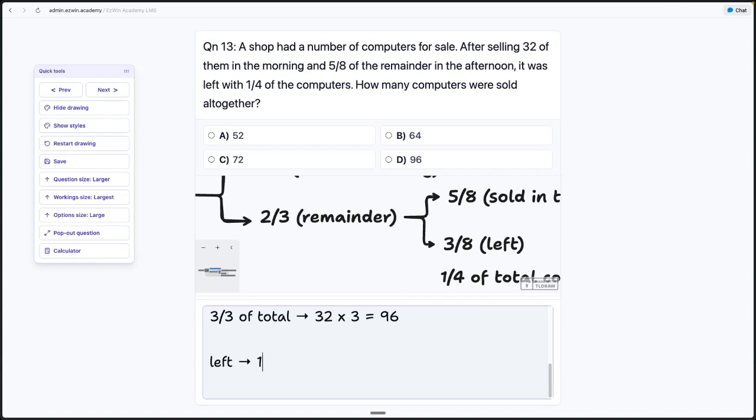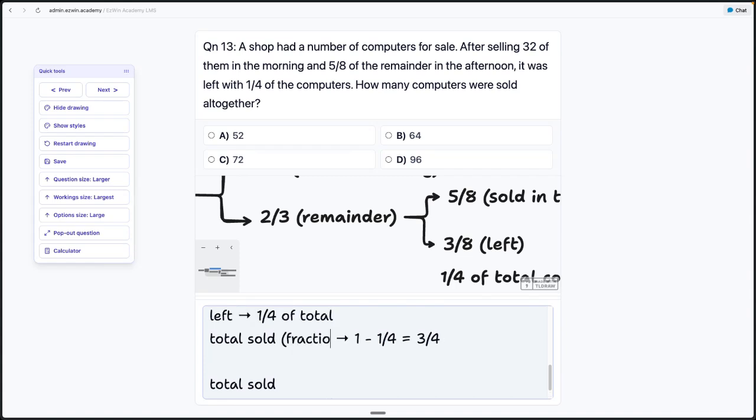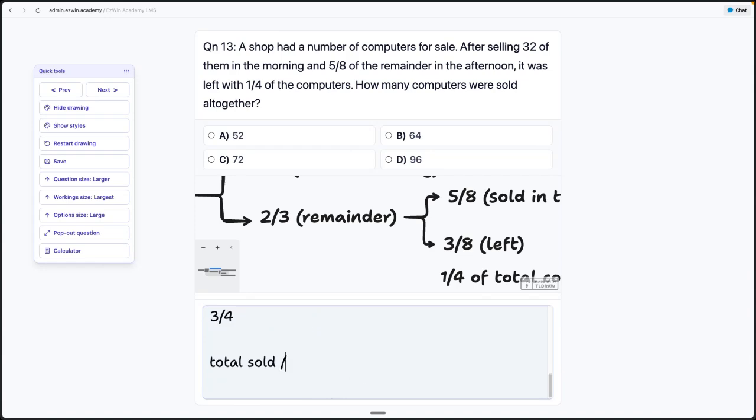So if you are left with 1/4 of the total, the total sold is equal to 1 minus 1/4, which becomes 3/4. Since the total sold is 3/4 and the total is 96, total sold will be 3/4 times 96, which is the same as 96 divided by 4 times 3. 96 divided by 4 is 24, times 3 gives us 72. So that's the answer, 72.